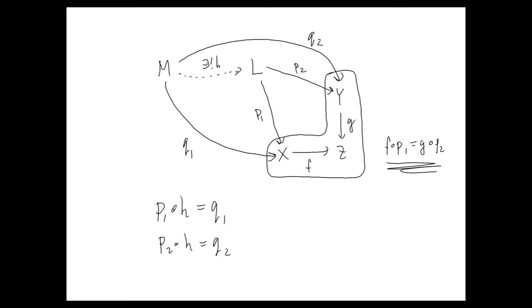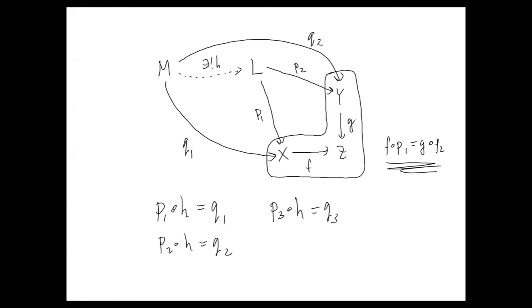So there must exist a unique H such that P1 composed with H equals Q1, and P2 composed with H equals Q2. But we should be a bit cautious here. Remember this third arrow that we're ignoring now, we also would have wanted the composites to be equal there. So we would have wanted P3 composed with H equaling Q3.